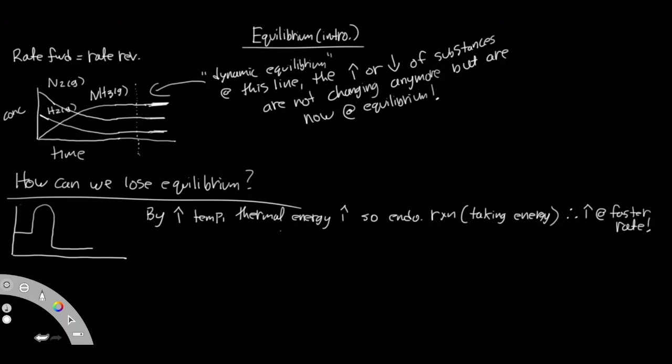And this will be vice versa. By decreasing the temperature, the thermal energy is obviously going to decrease. So now it's going to be the opposite, the exothermic reaction, because now it lost energy. Now this one is going to increase at a faster rate.